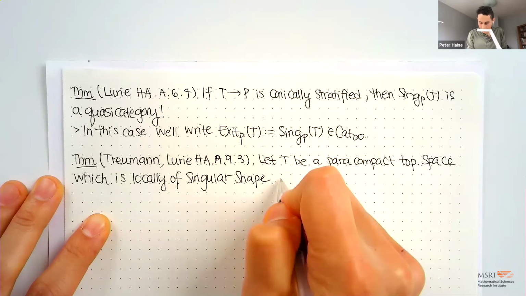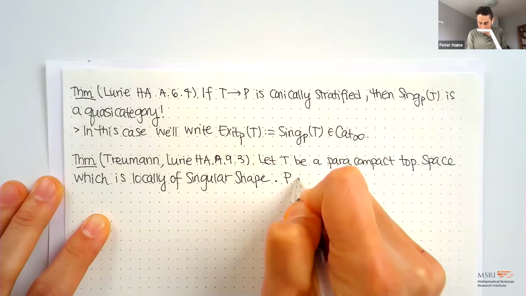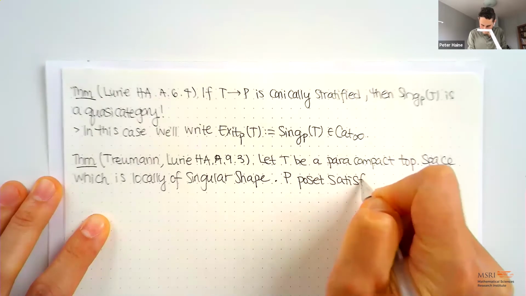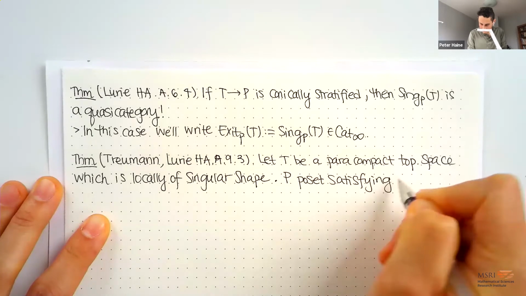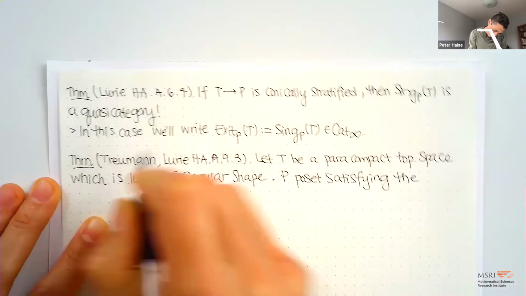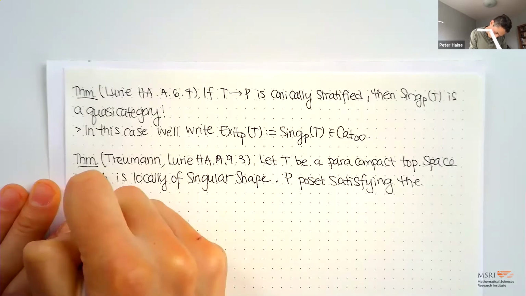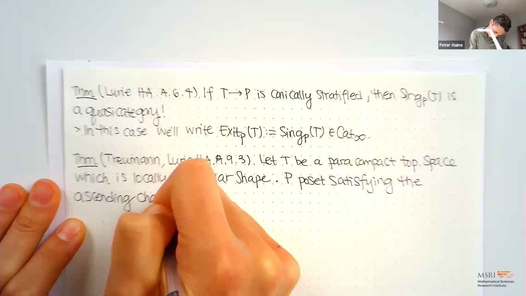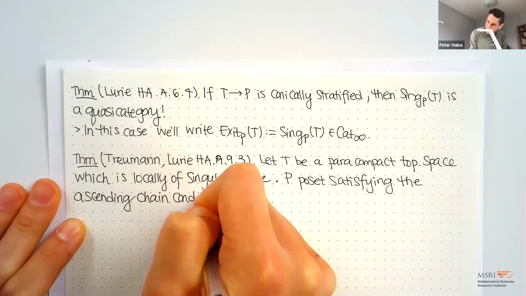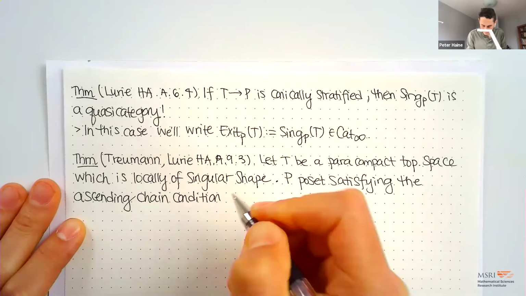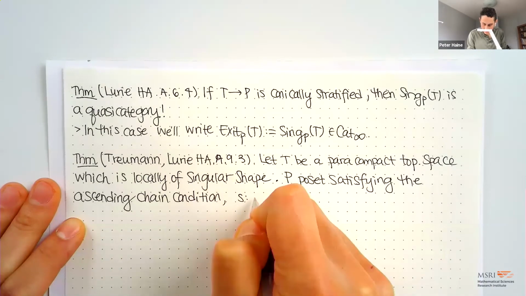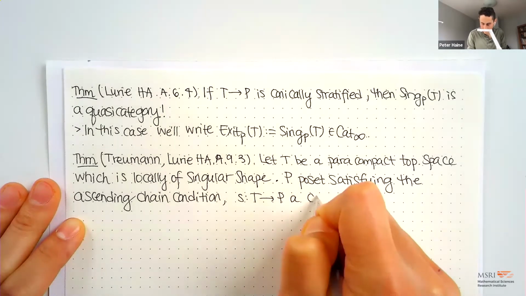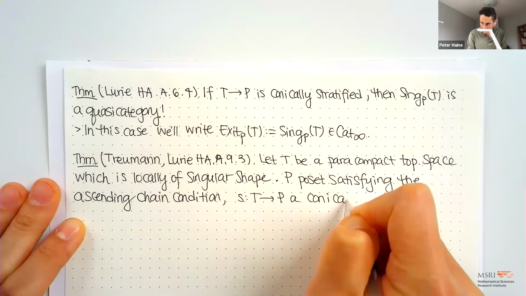So P will be a poset satisfying the ascending chain condition, and S from T to P a conical stratification.